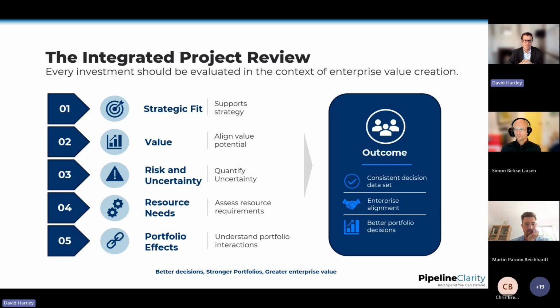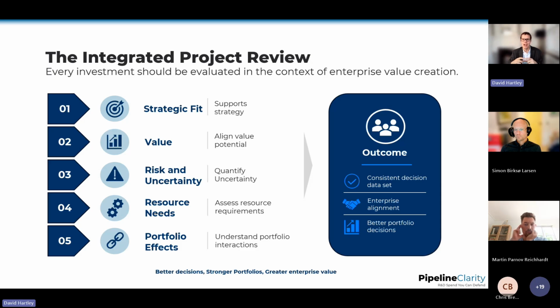The fourth thing that's typically discussed in the integrated project review is about the resource needs for the project. So this is about what they will need in order to deliver in the short term as part of the planning period, but also in the longer term to ultimately get to launch. The more sophisticated element, which we see sometimes included in these discussions, sometimes less often, is around the portfolio effects of these projects.